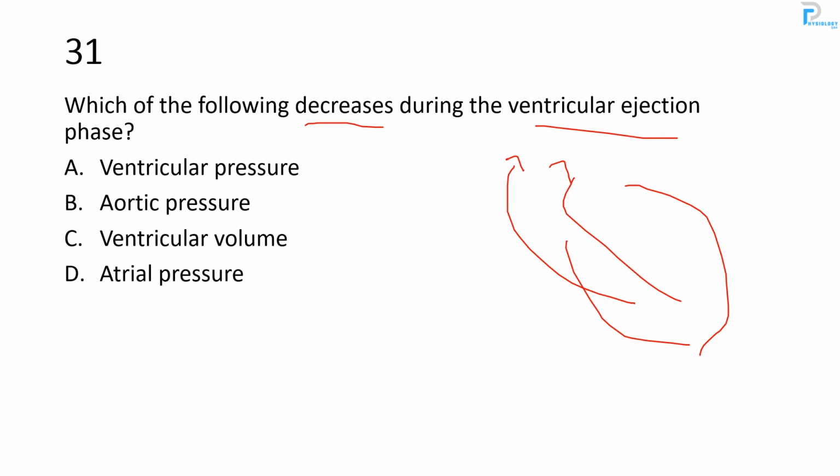Aortic pressure also is going to increase because the blood is pumped out into the aorta. Ventricular volume is going to decrease because the blood is pumped out. Atrial pressure increases because we have venous return going on.